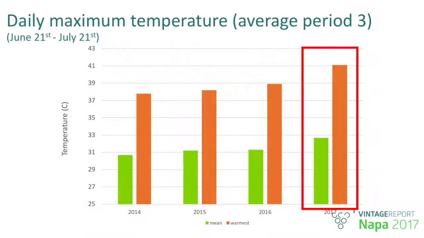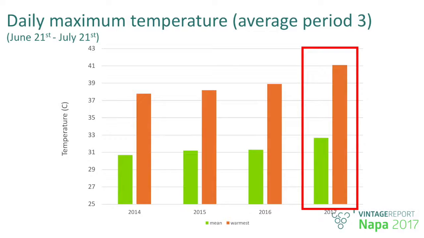And this is where the picture starts to get a bit more eroded because it doesn't look so good from a microclimatic standpoint regarding the consequences on the fruit. You see that the temperatures are the highest we've been recording.